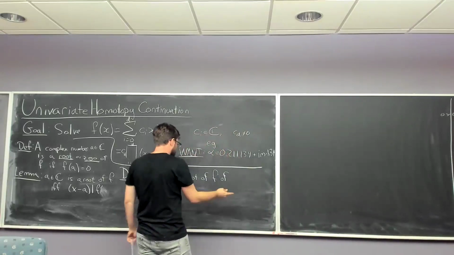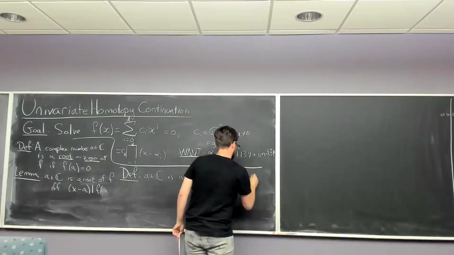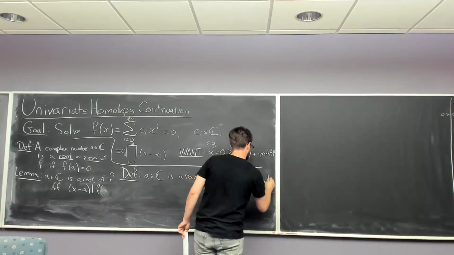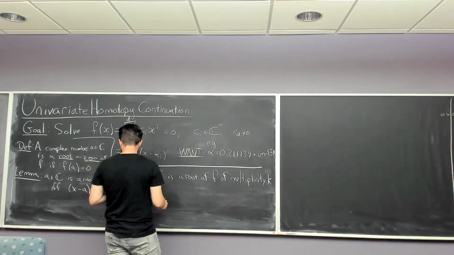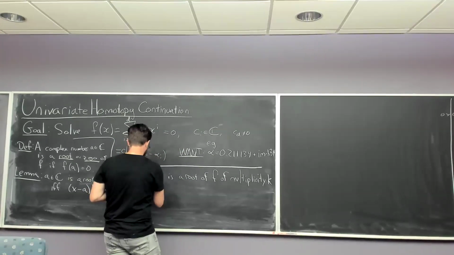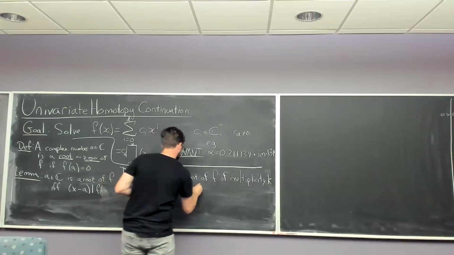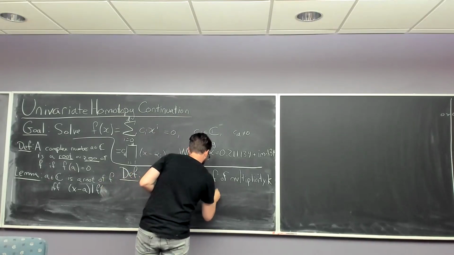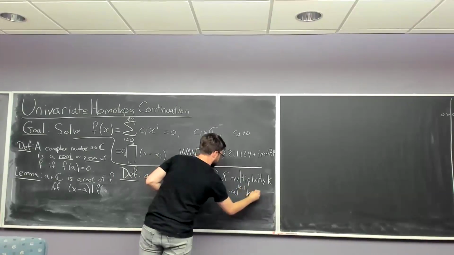But there's a souped up version of being a root, which is being a root with multiplicity. A complex number a is a root of f of multiplicity k if my definition is (x minus a)^k divides f, but (x minus a)^(k+1) does not divide f.